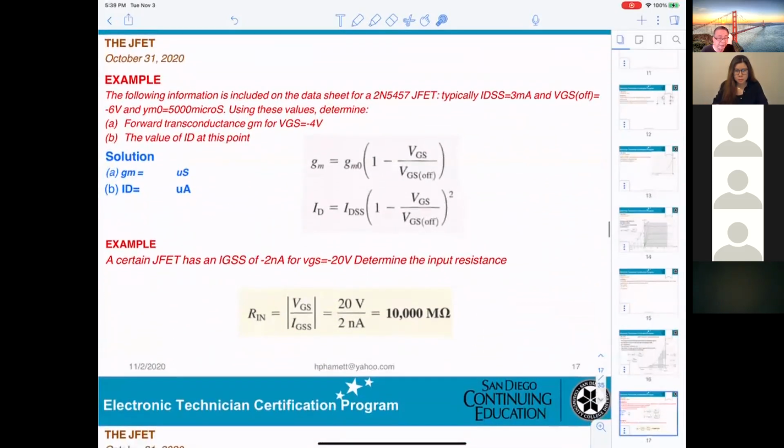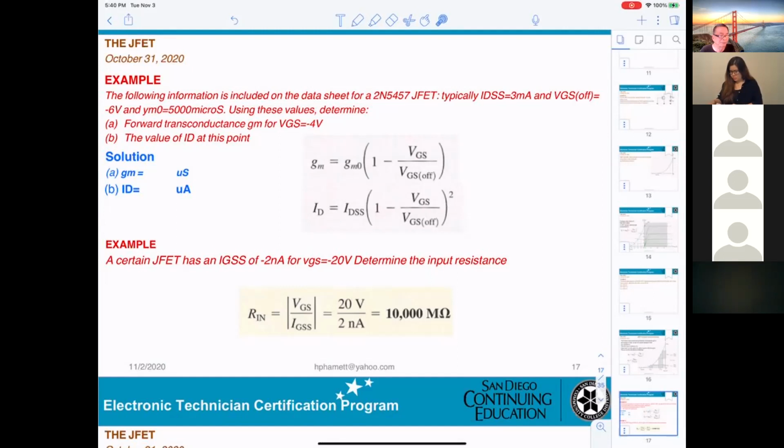Okay, now let's see. The following is included on the data sheet. They gave you IDSS is 3 milliamp, VGS off is minus 6, and gm0 is 5,000 micro Siemens.